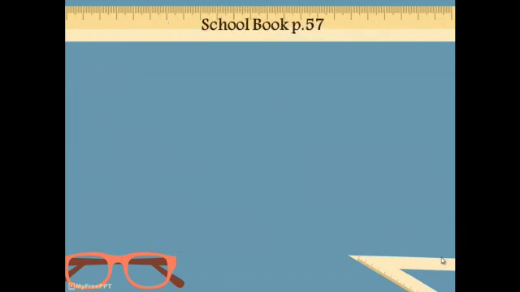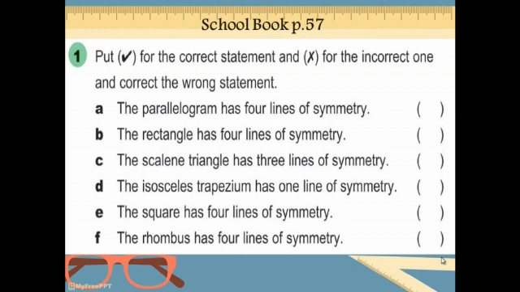Now open school book page 57, exercise number 1. Put true for the correct statement and wrong for the incorrect one, and correct the wrong statement. Letter A. The parallelogram has 4 lines of symmetry. False. It's a wrong statement. Let's correct it. It has no lines of symmetry.